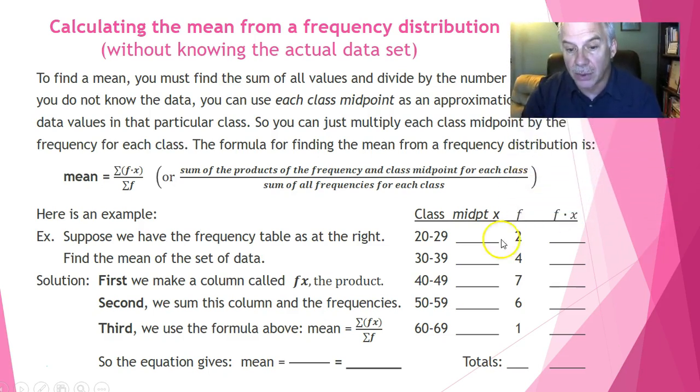In other words, I'm going to find the class midpoints and multiply them by the frequencies. The formula is the sum of all the products of the frequencies and the class midpoints, and then divide that by the sum of all the frequencies.